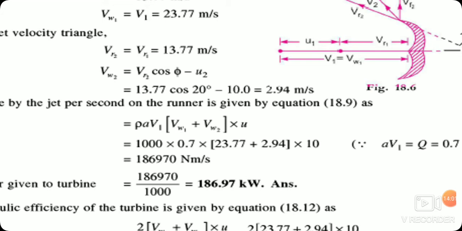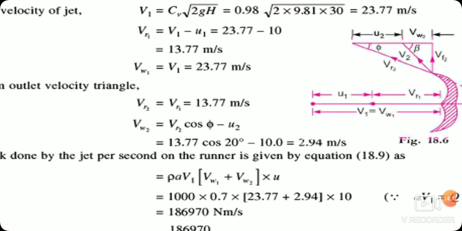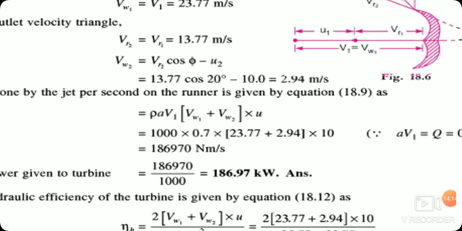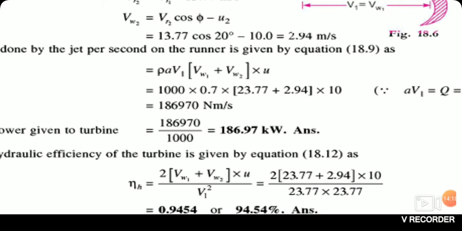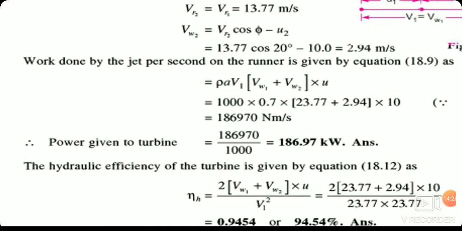So 1000 into 0.7 into 23.77 plus 2.94, which is Vw2, into U, given in the numerical as 10. From this equation we got the power as 186,970 watt. Converting into kilowatt by dividing by 1000, it becomes 186.97 kilowatt.